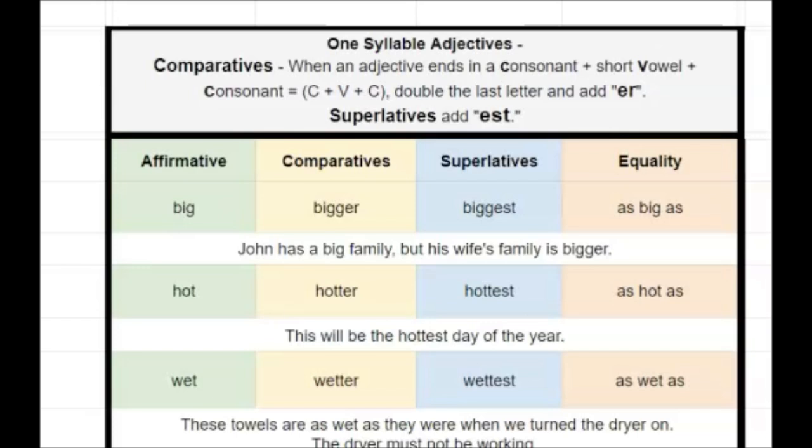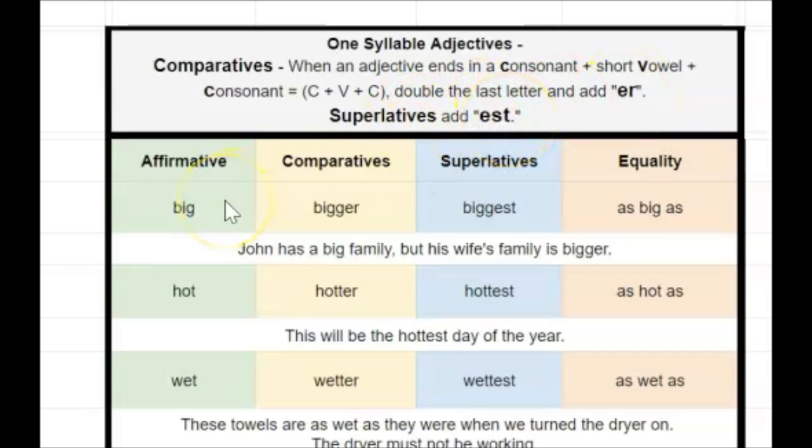The next rule for usage of comparatives and superlatives is when an adjective ends in a consonant, a short vowel, and a consonant. We'll call this CVC, consonant, vowel, consonant. The rule is to double the last letter and add ER for comparatives and add EST for superlatives.